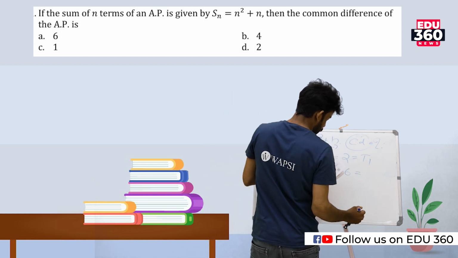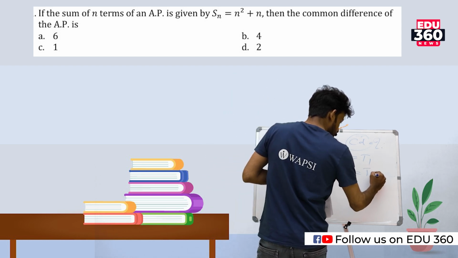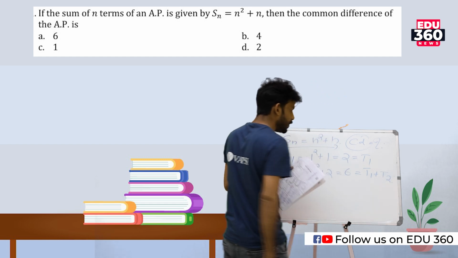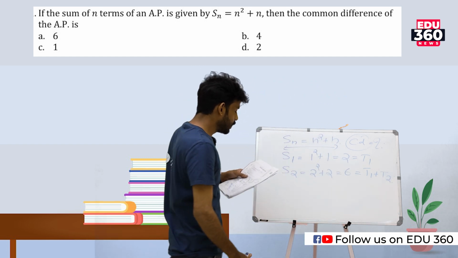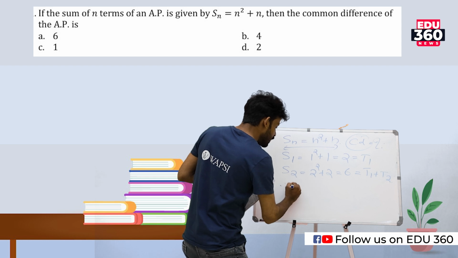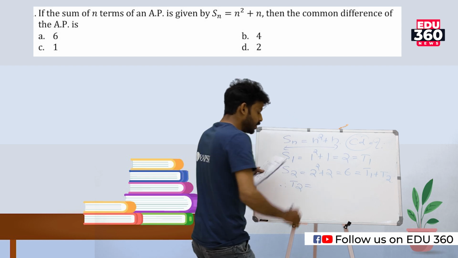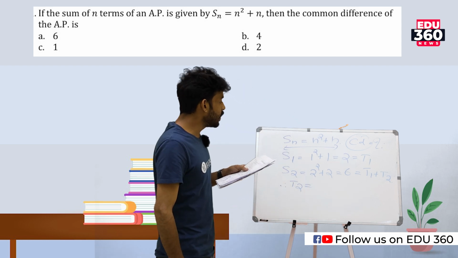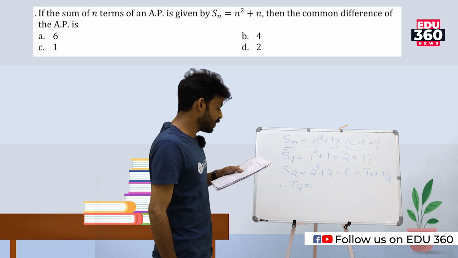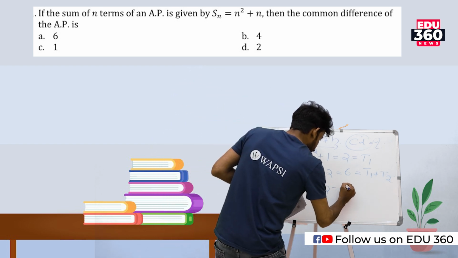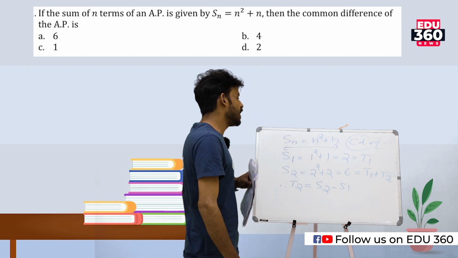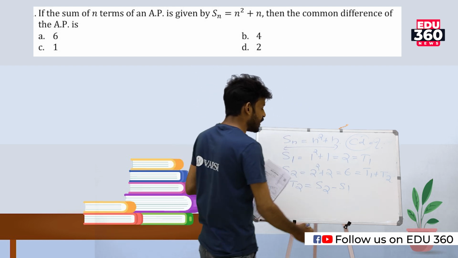So for this one, we can write as T1 plus T2. So hereafter, we can write, therefore, T2 is equal to S2 minus S1. That means 6 minus 2.